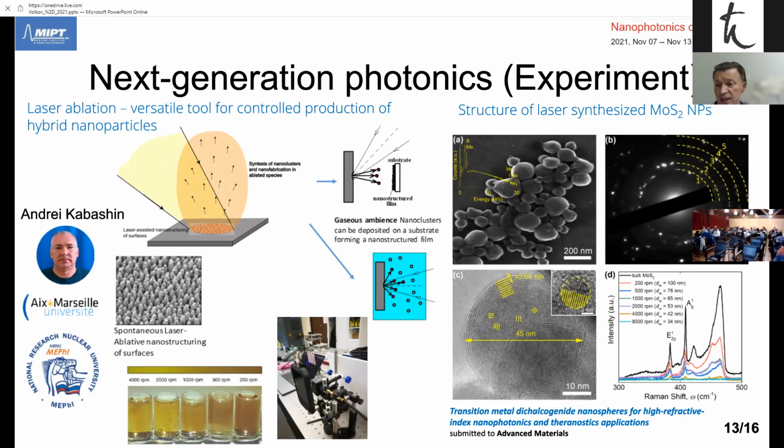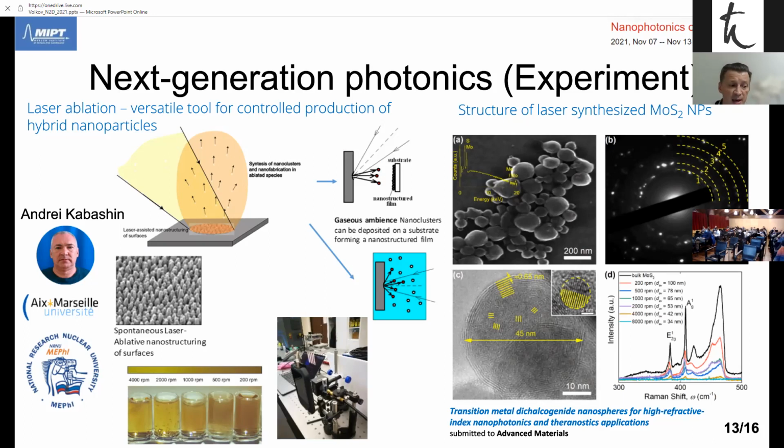The experiments were done in close collaboration with the research group of Andrei Kabashin. He is well known for the generation of nanostructures by use of laser ablation. He has a group at the University of Marseille and also at MEPhI, a Russian university. So we closely collaborated with both of his groups.